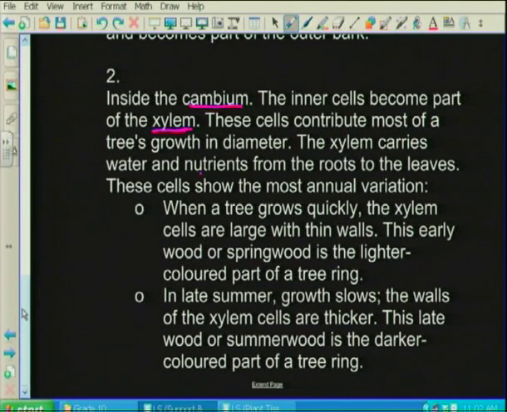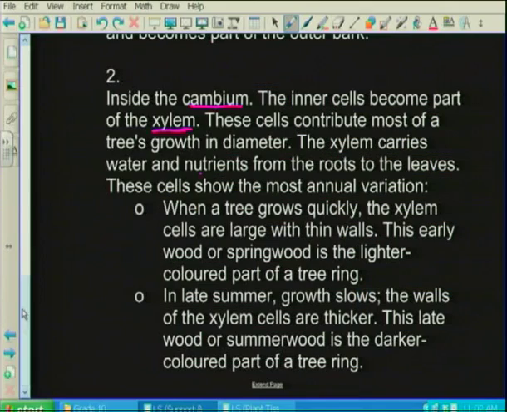Now the xylem cells, when you go and look at a tree, it is the lighter cells, these cells that show the most variation, because here you will be able to see: is it broader, is it narrower, was there a fire, or was it a drought or not.